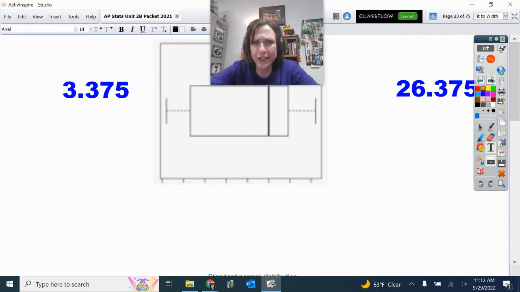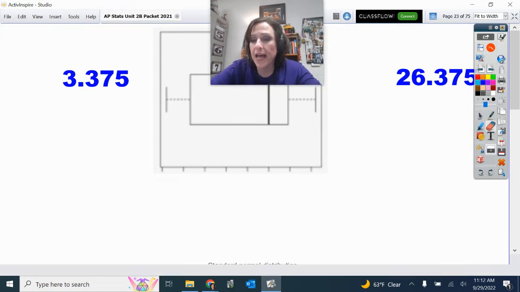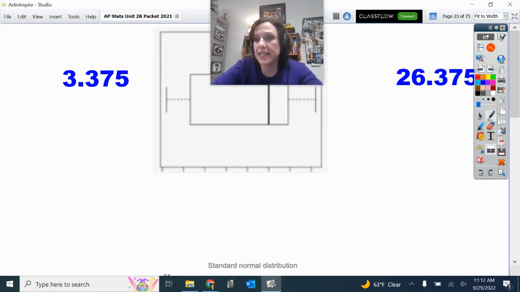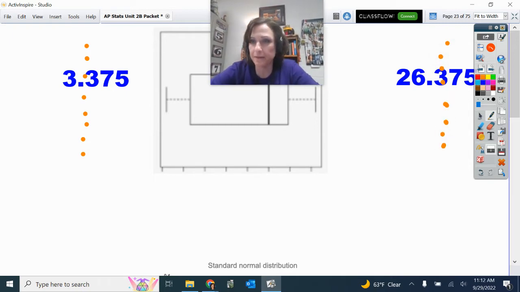I actually don't know if this box plot is representative. The dots are here because I'm not exactly sure where the whisker goes to. This is just giving you an idea of what's going on here, with a lower fence at 3.75 and an upper fence at 26.375.